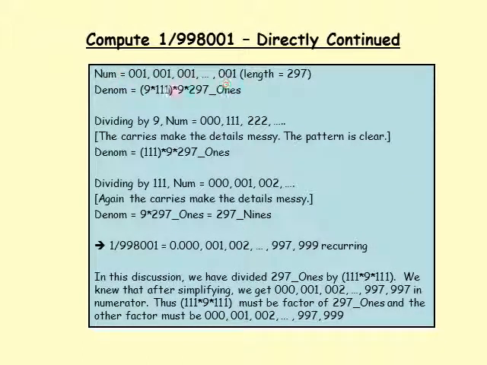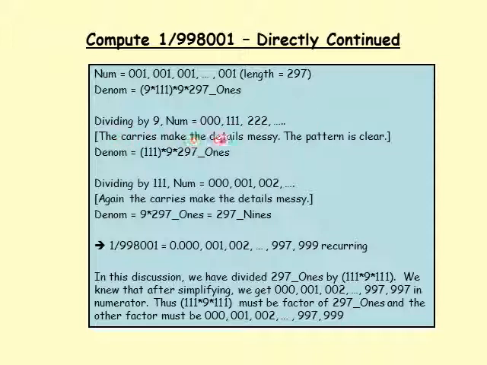The numerator is of that length, and the denominator is 9 times 111 times 9 times 297 ones. Now we're going to divide by 9, both the numerator and denominator. So the numerator becomes, when we divide by 9, 3 zeros, 111, 222, so on. So you see the pattern. It's 000, 111, 222, 333, 444, and so on.